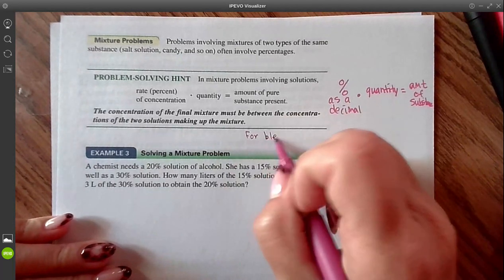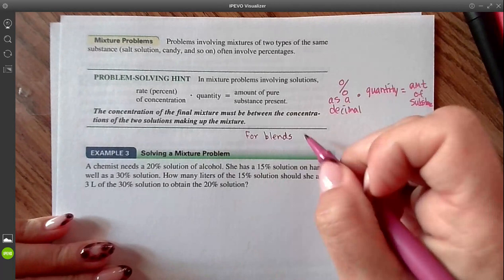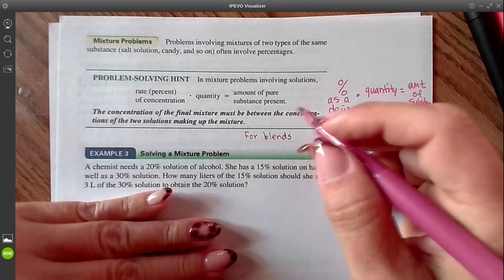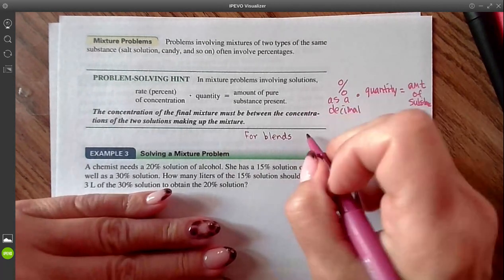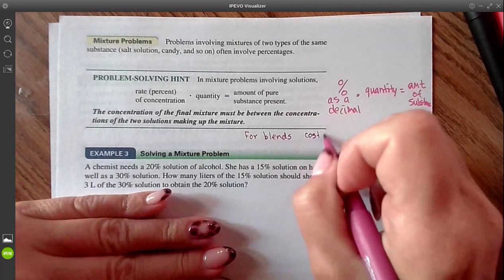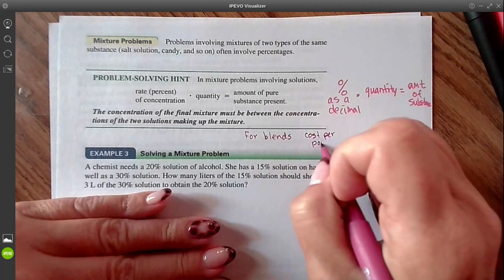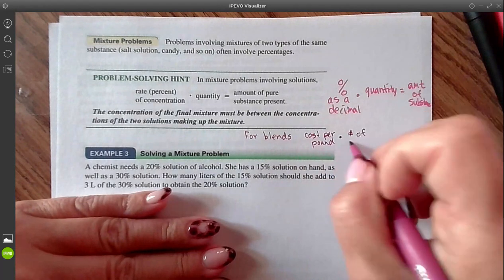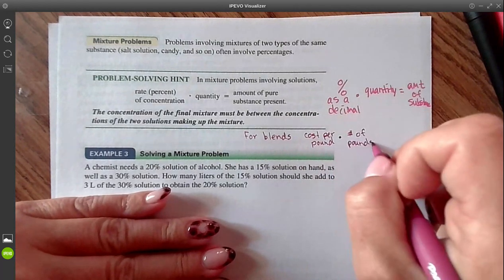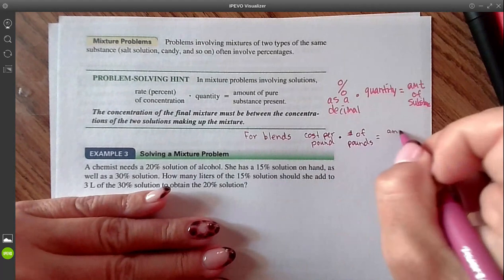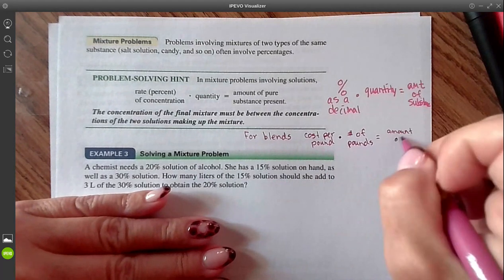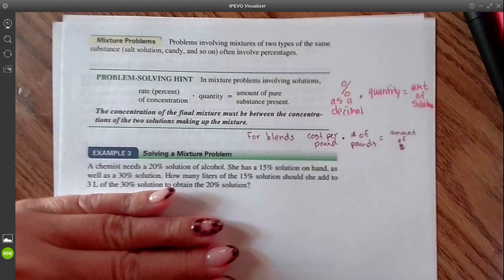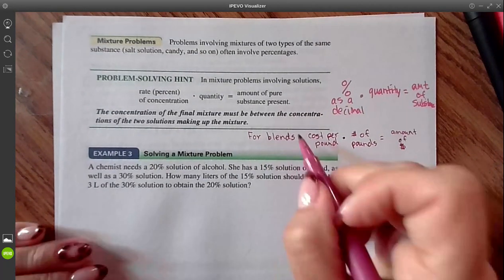For blends, like blends of coffee, blends of candy, blends of mixed nuts, whatever it may be, it's going to be the cost per pound times the number of pounds equals the amount of money. So that's just a different setup.